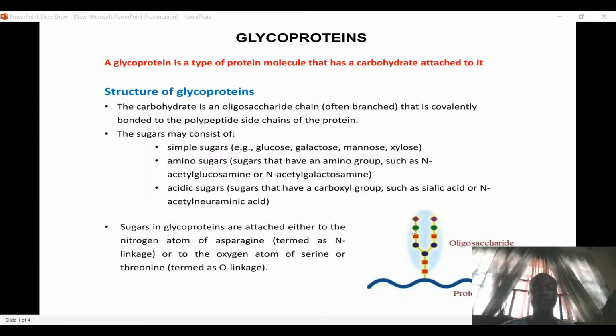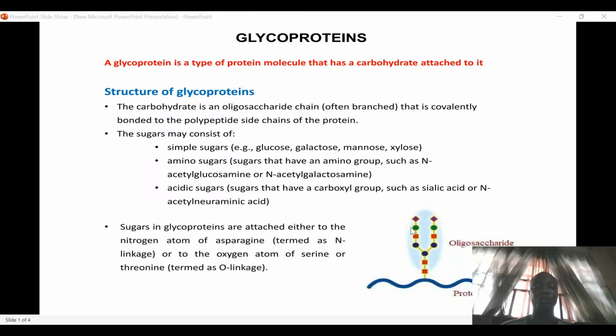Please put this on record. If you have two to 10 simple sugars, that is what you call oligosaccharides. When we say simple sugars, it means a sugar that cannot be further hydrolyzed.